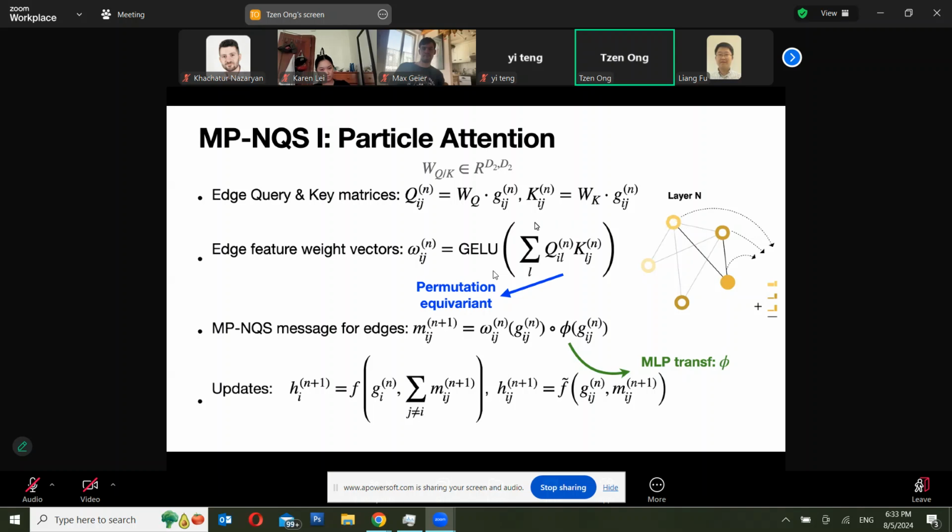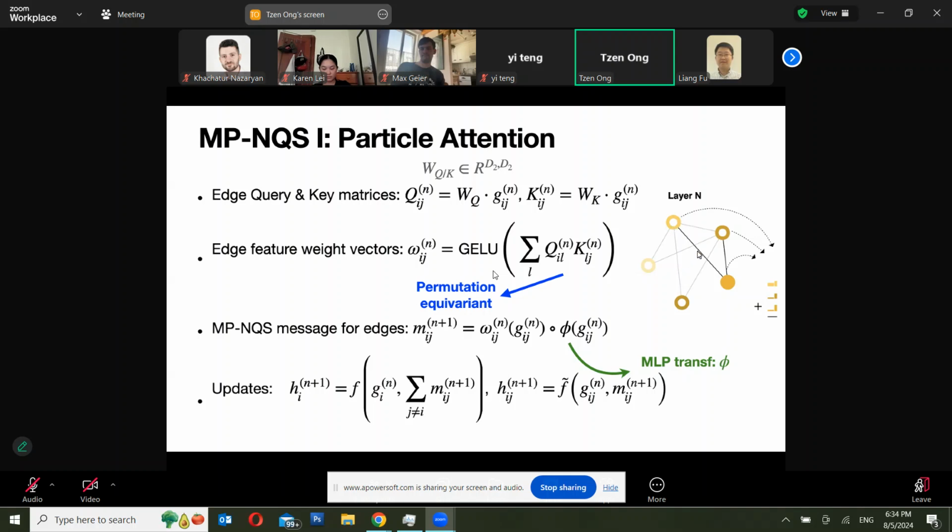And then when you query this thing, you construct this QIJ. The message that is constructed is constructed from Q times K, but you sum over all the L, basically all the connecting neighbors.